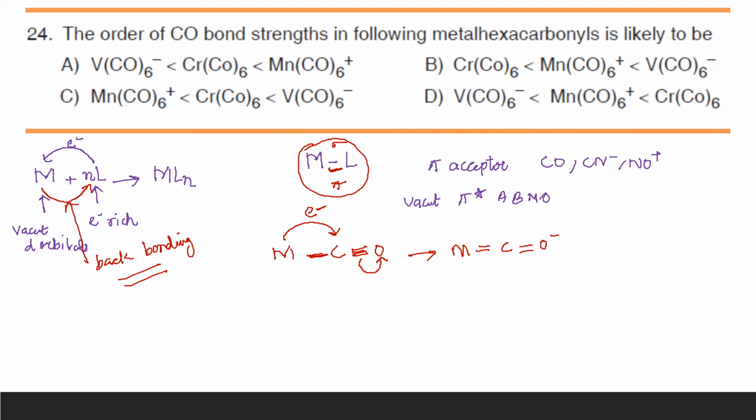taking place. Okay, so when this happens, you can see that here you are having a triple bond, right? But when back bonding takes place, that is converted into a double bond.